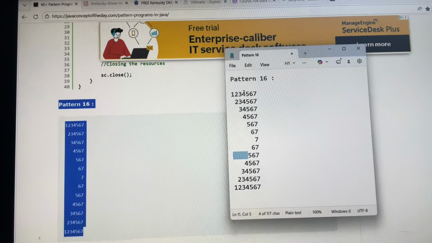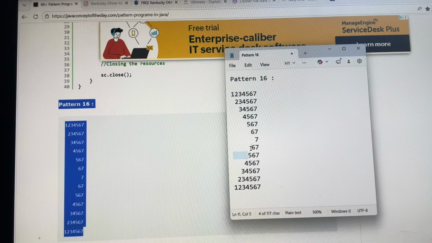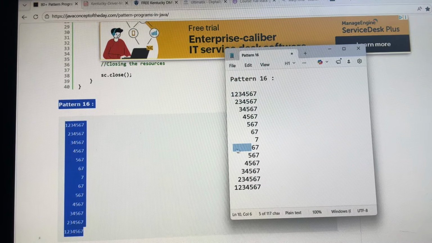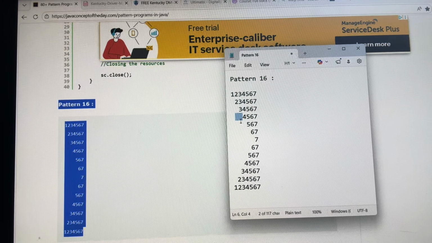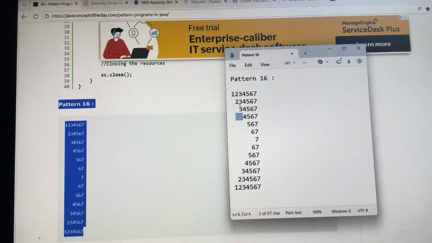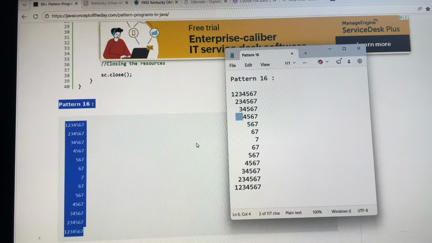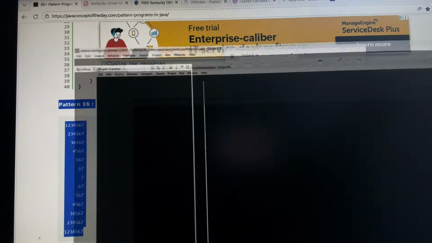In the lower half of the pattern, the rows are in the decreasing order, and in the upper half of the pattern, the rows and the spaces are in the increasing order, right? Okay, we will see.